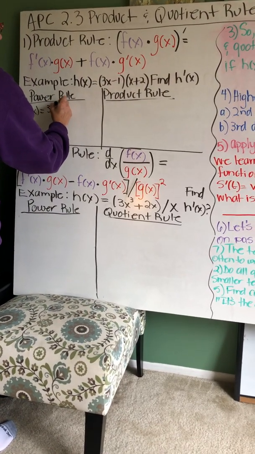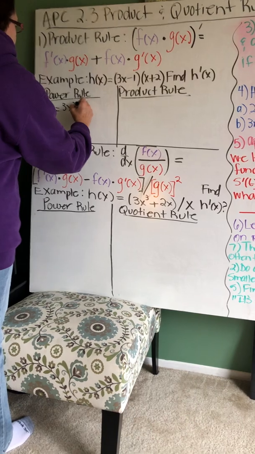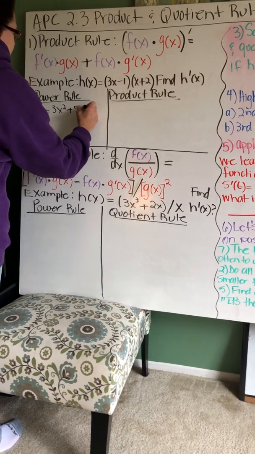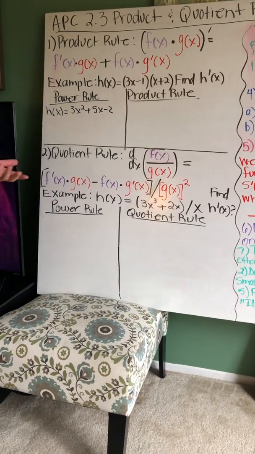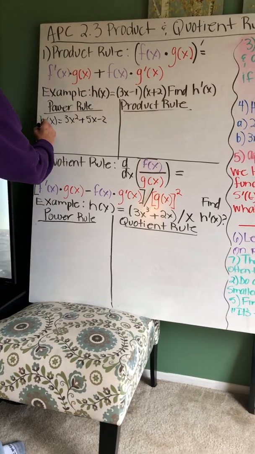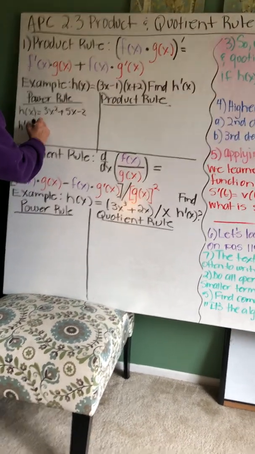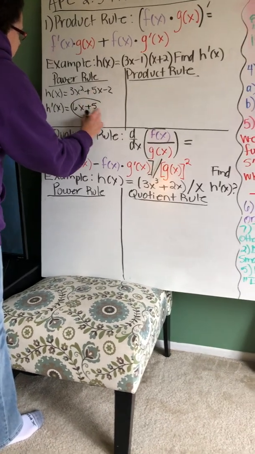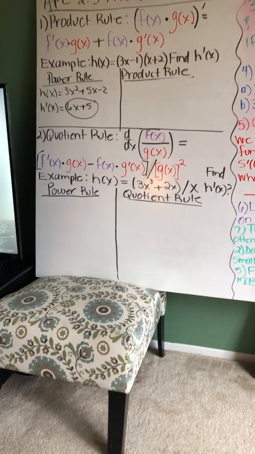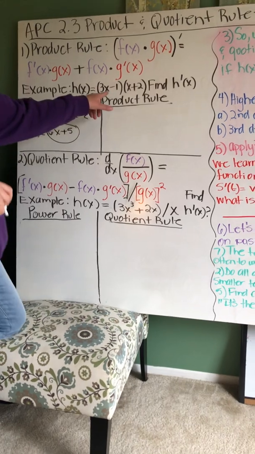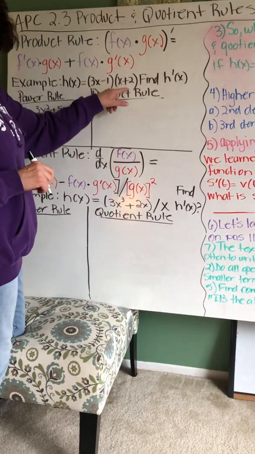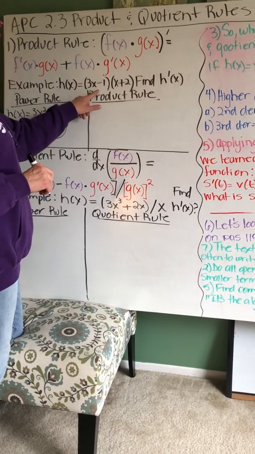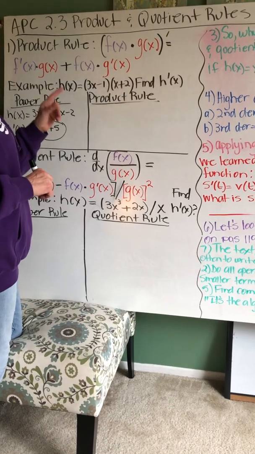3x squared plus 5x minus 2, right? And then I could use just the power rule to take the derivative of this function, which you would tell me is 6x plus 5. Let's go ahead and use the product rule, where 3x minus 1 is the first function and the x plus 2 is the second. F and g, talking my way through it.